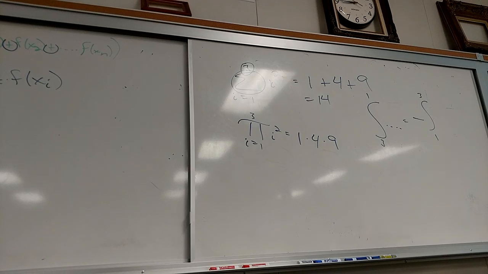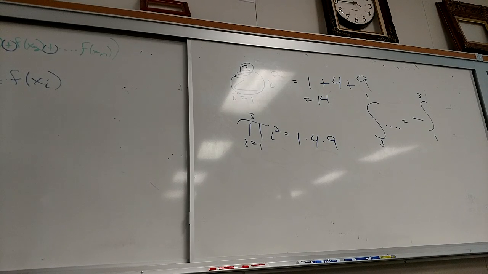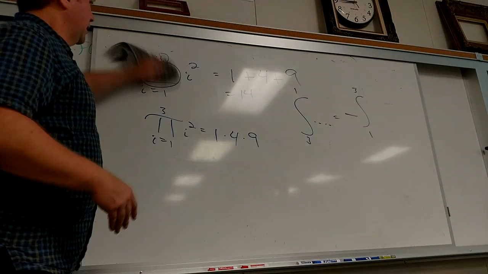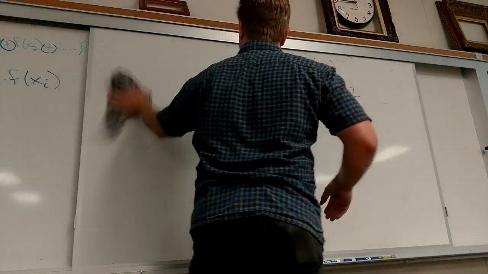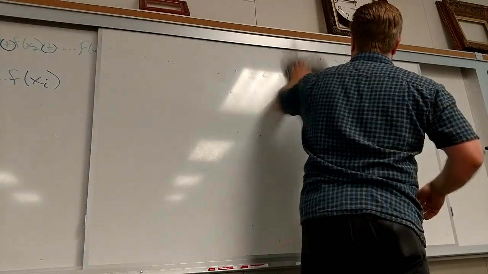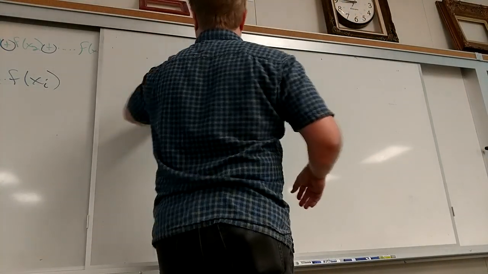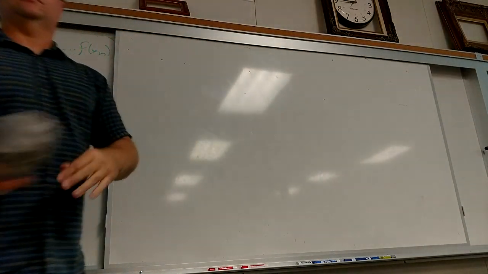There are urban legends in mathematics. None of them would make a very good movie, but there's an urban legend about Gauss. Anybody ever heard of Gauss? If you took statistics, the normal curve is actually more commonly called the Gaussian distribution.